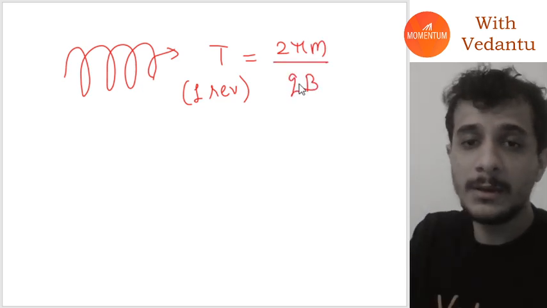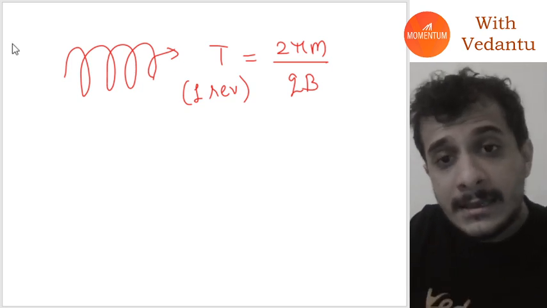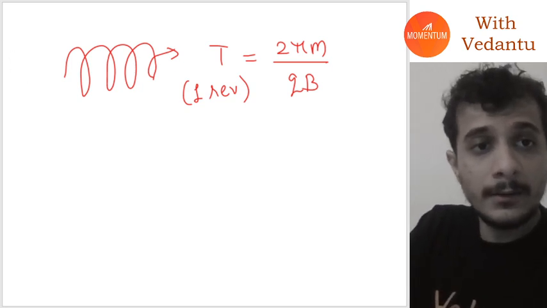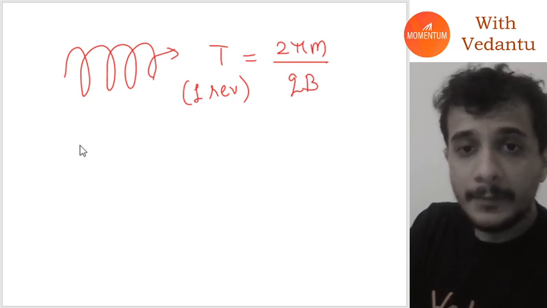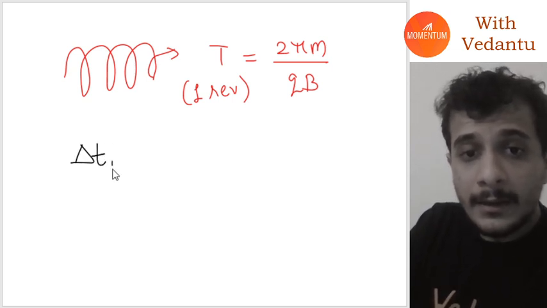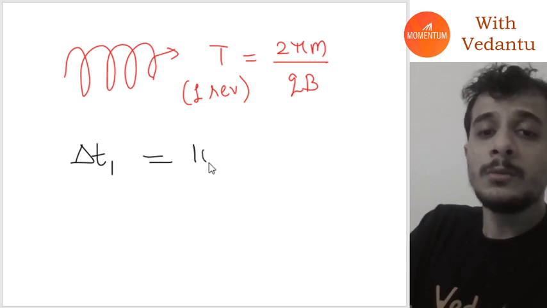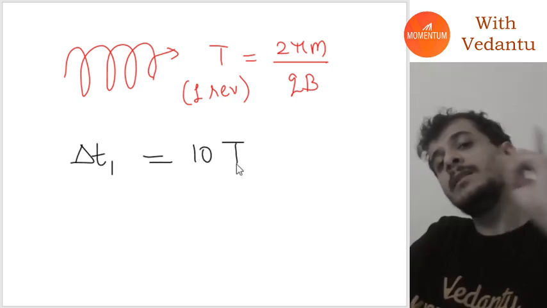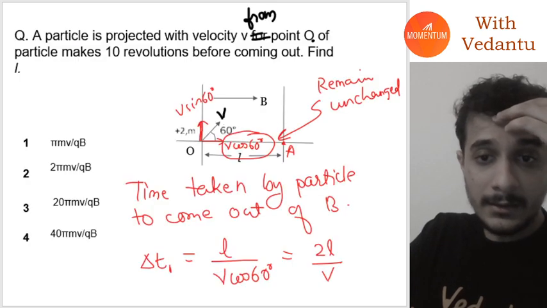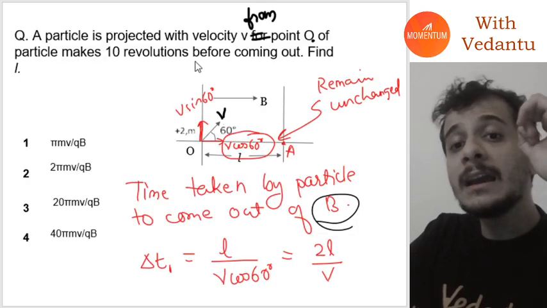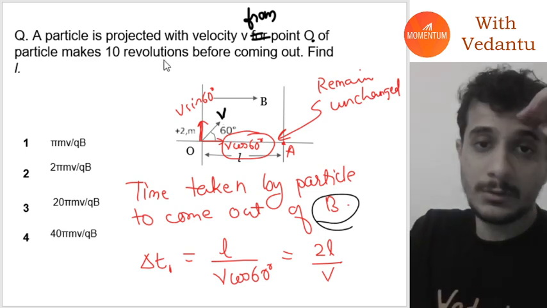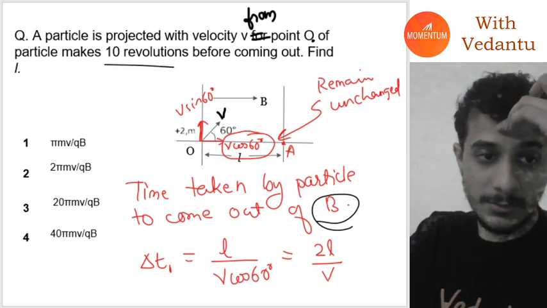Now the time delta t1, the time that the particle takes to come out of the magnetic field, should be equal to 10 times the time period of one revolution, because it makes 10 revolutions before coming out.